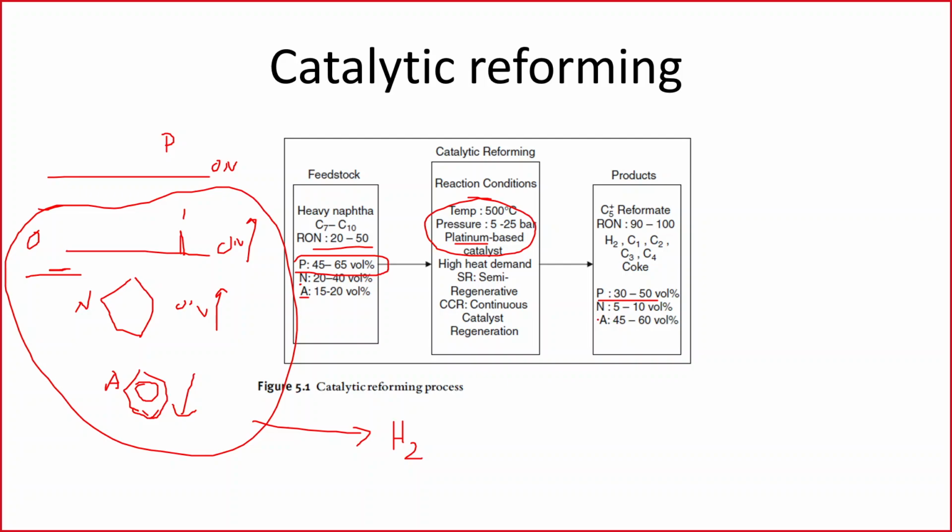You also have a much lower naphthenic, but you will get much more aromatics. And from the atom balance exercise that we just did, you will know that you will create a lot more hydrogen with this kind of product slate. And obviously, because you are making a lot more aromatics, your octane number will be boosted up.